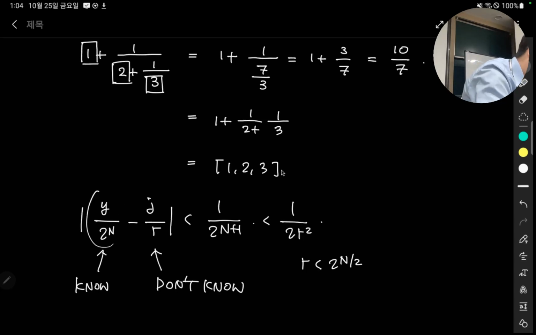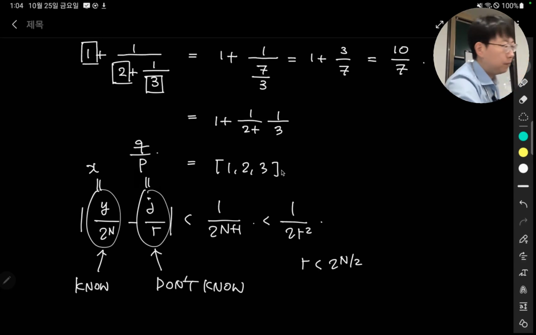So we can just say this is some rational number x, and this is some rational number p q over p here.